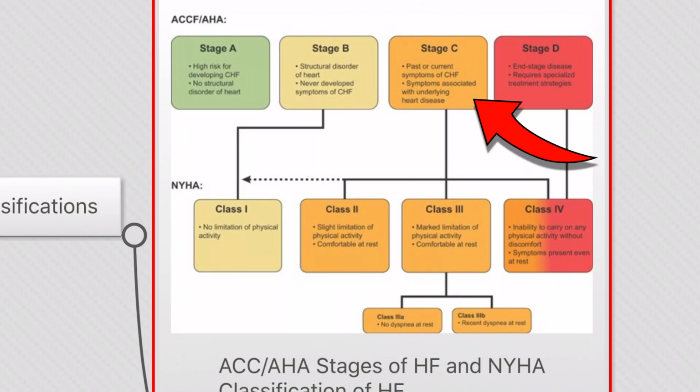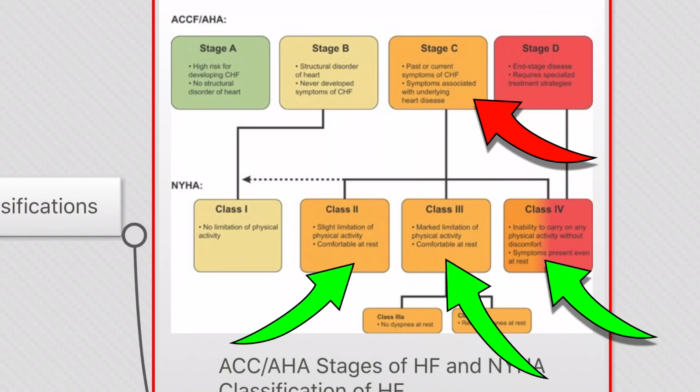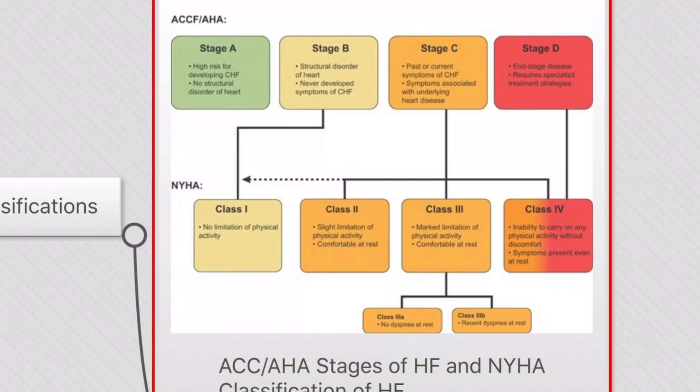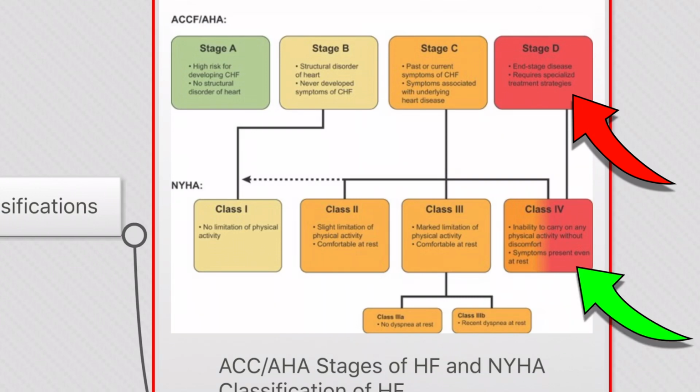Stage C, there are past or current symptoms of heart failure and symptoms associated with underlying heart disease, and that correlates with class 2, 3, and 4. I'll go over class 2, 3, and 4 in a little bit. Now, stage D is the end-stage disease, requires specialized treatment strategies, and that's closely related to class 4.